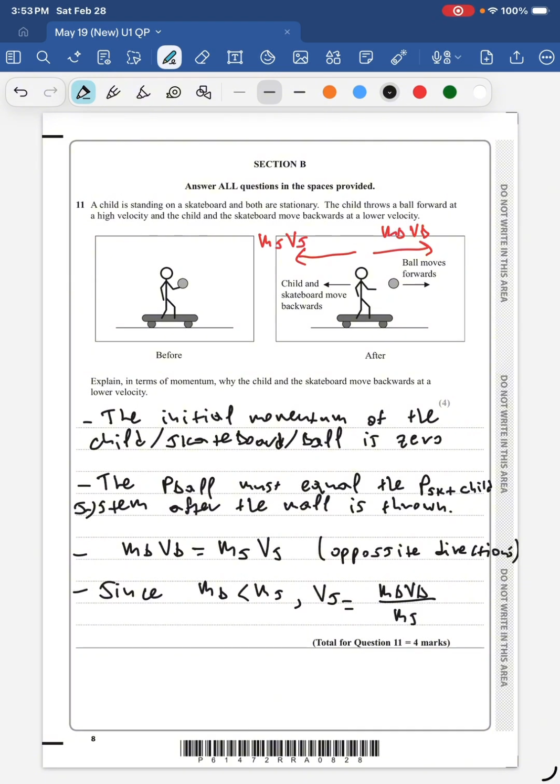Since the mass of the ball is smaller than the mass of the skateboard, the velocity of the skateboard must be smaller than V ball. Because the ball is thrown with a large speed, but the recoil speed from the throw of the ball is going to be small. Okay, this was question 11. I hope this makes sense.